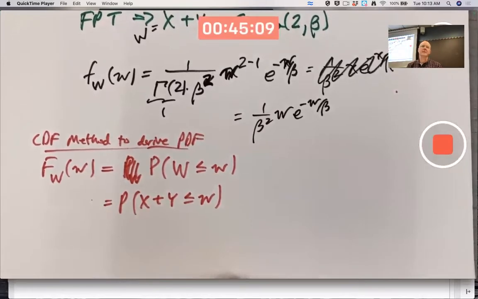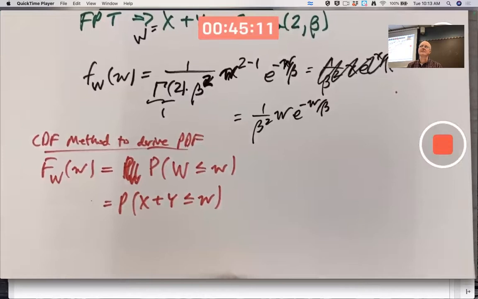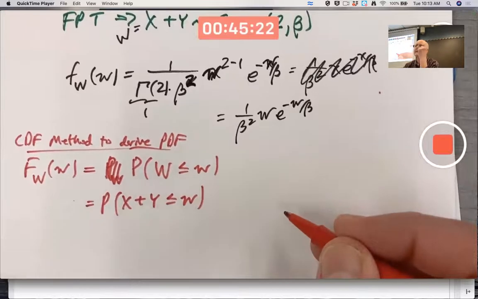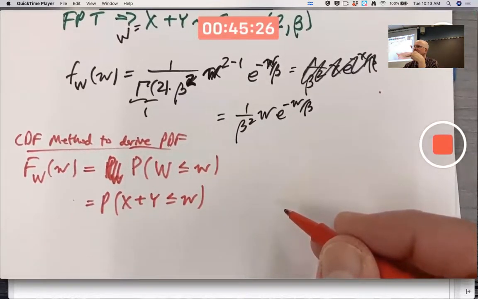We need to do something similar to what we did three weeks ago, except x and y are not uniform anymore, they're exponential. And we can't just think in terms of shaded areas anymore, because with uniforms, the PDF is constant, so probabilities can be found by finding areas. With exponentials, the PDFs are not constant.